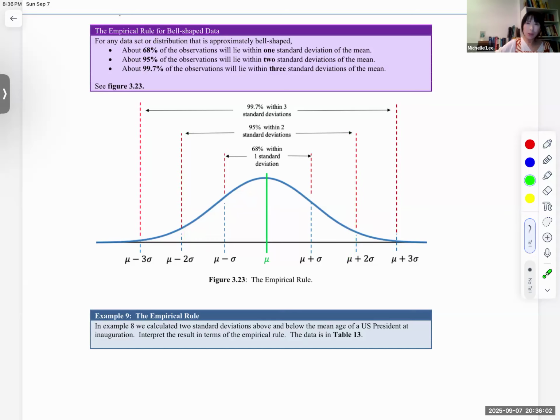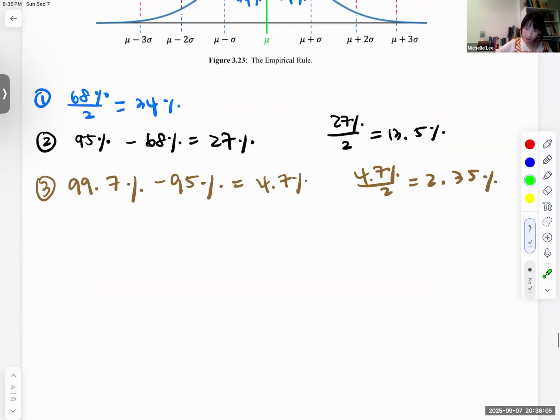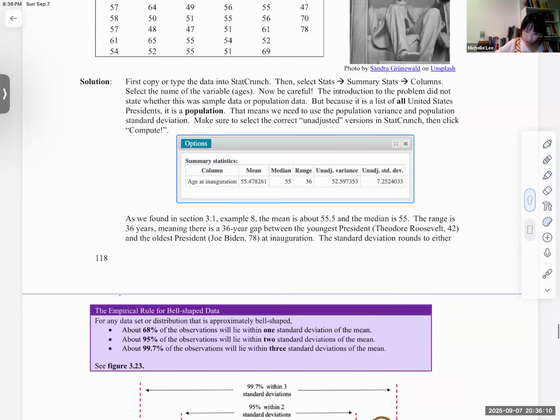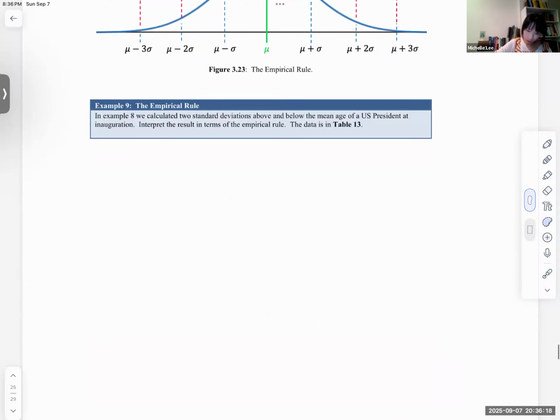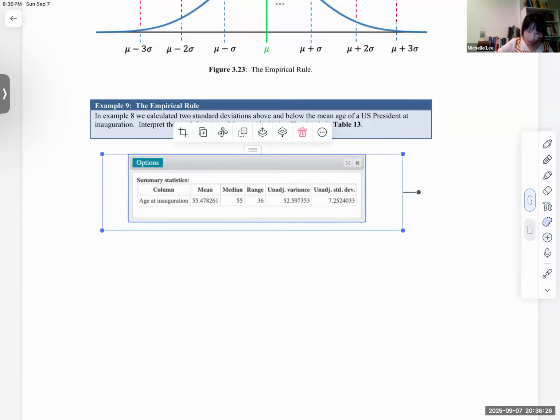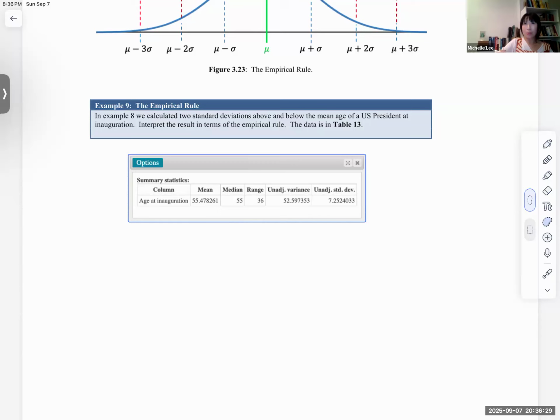Let me use that information from here. All right. So 2 standard deviations means mu plus 2 times sigma and mu minus 2 times sigma, right?